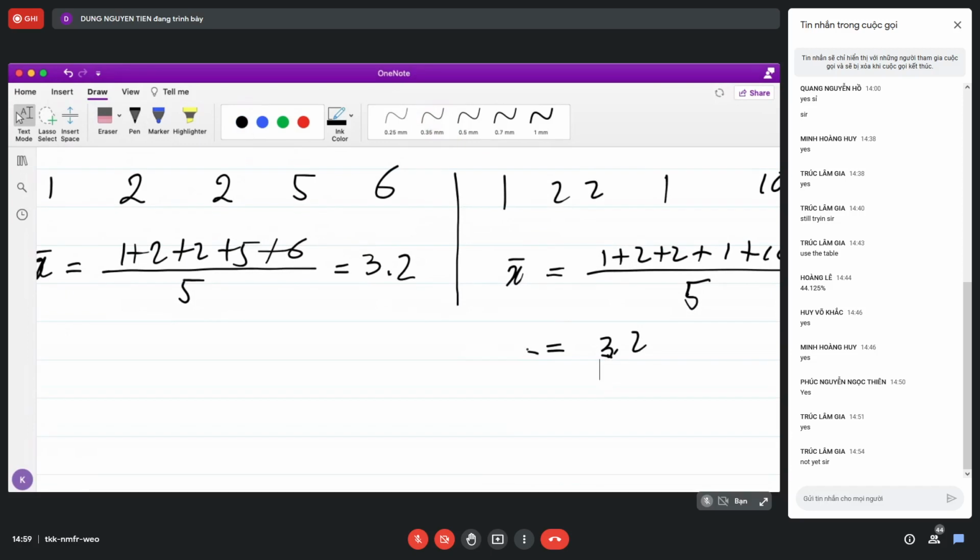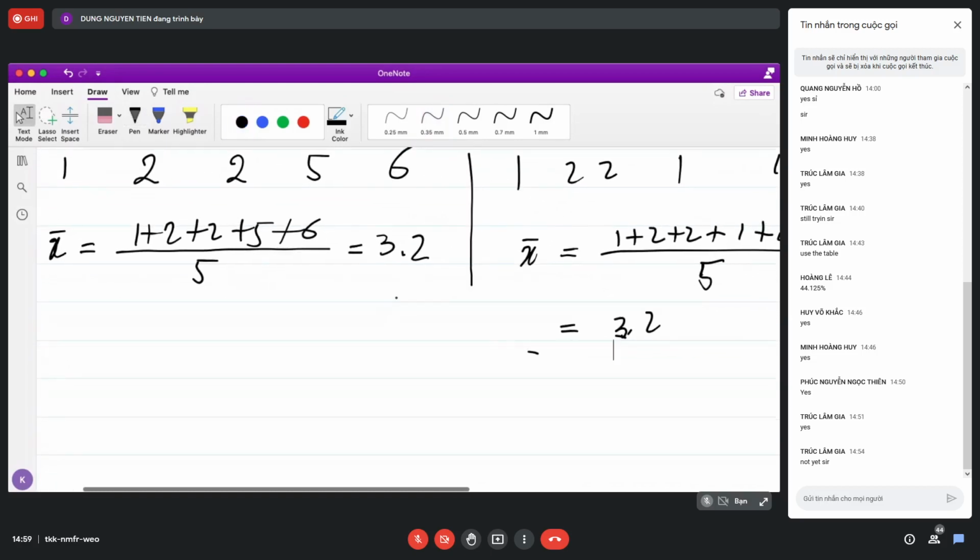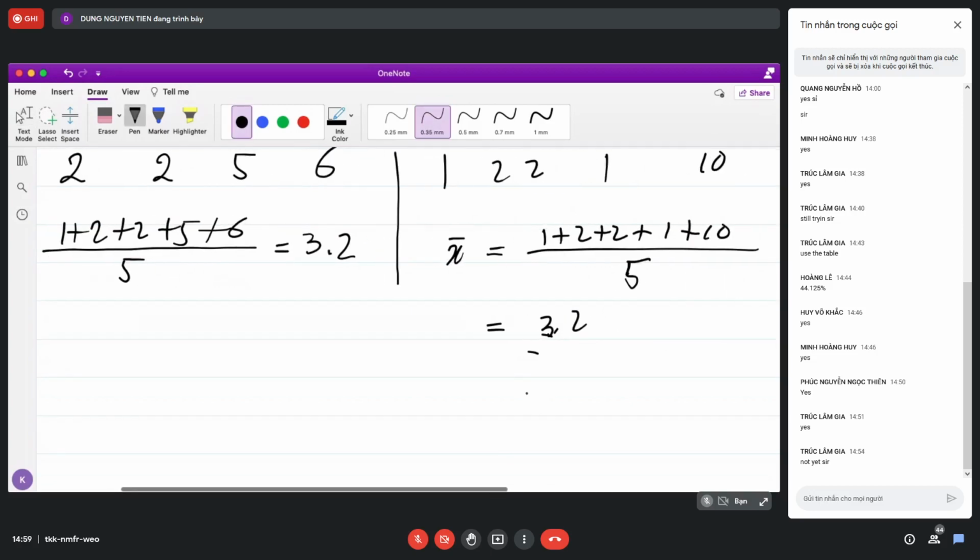Now, in your opinion, which one is a better approximation? You get 1, 2, 2, 5, 6, and the other one is 1, 2, 2, 1, 10.